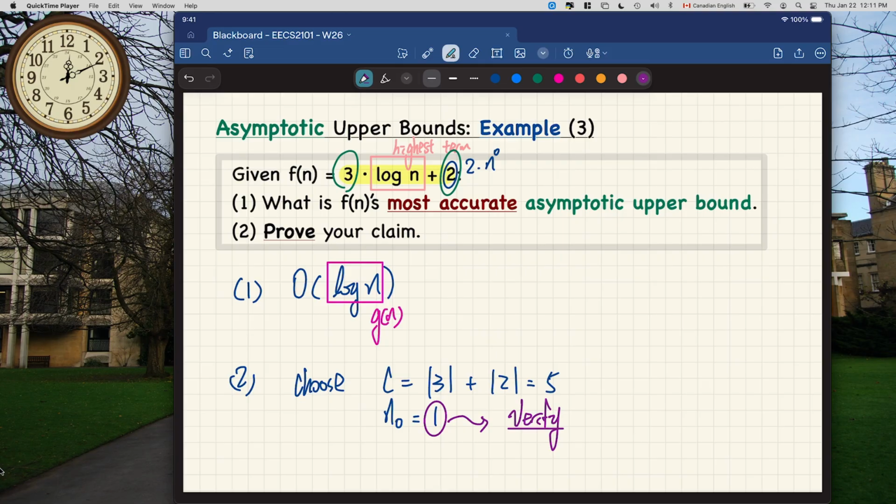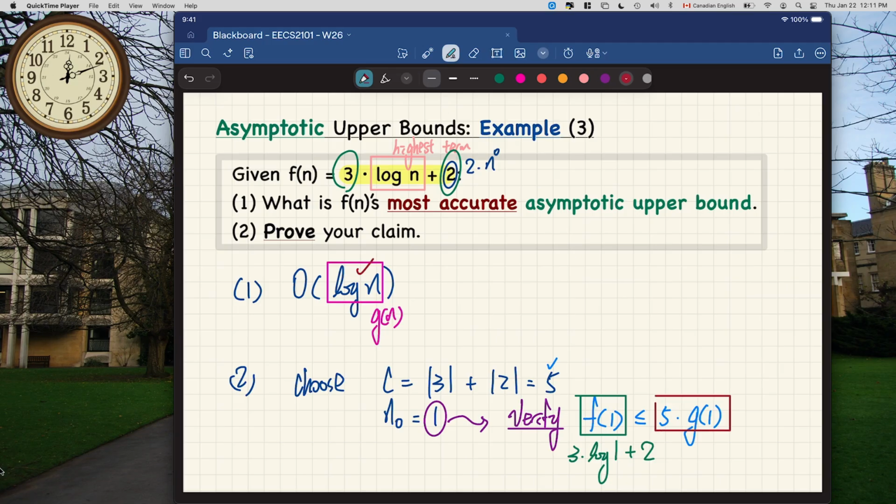We want to check whether f(1) is less than or equal to c, which is 5, multiplied by g(1). The f(1) right here is 3 times log 1 plus 2, and then 5 times g(1), because g(n) is log n purely.